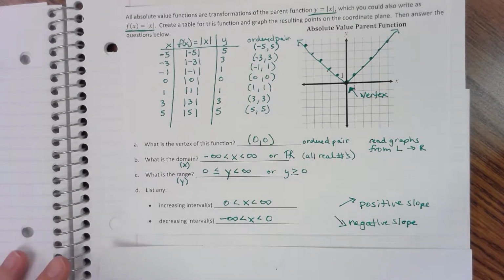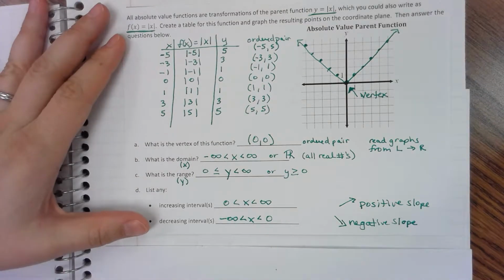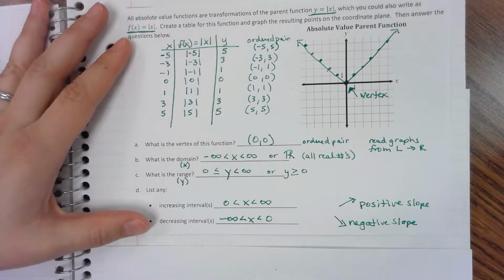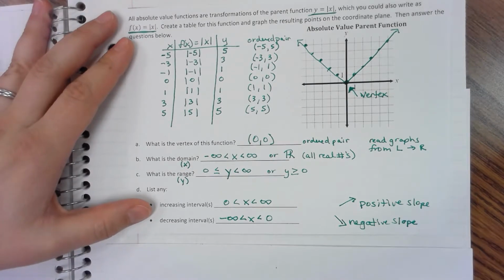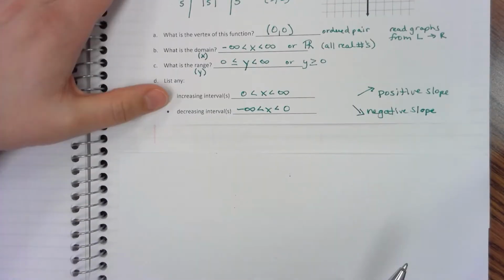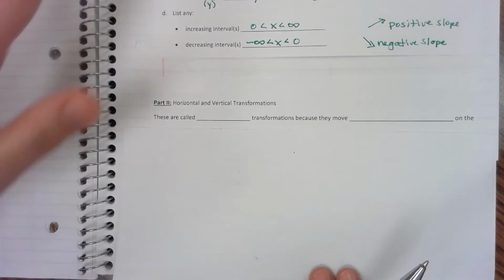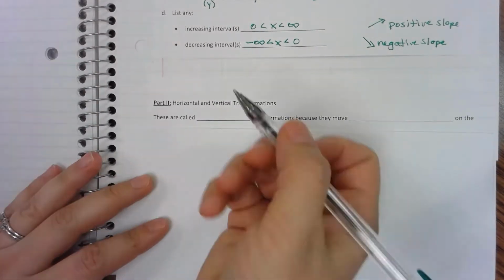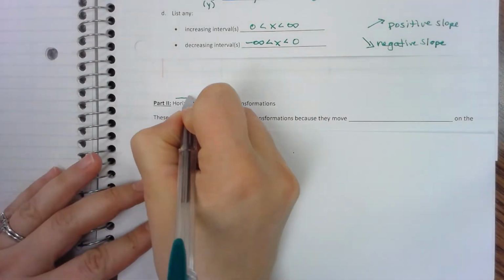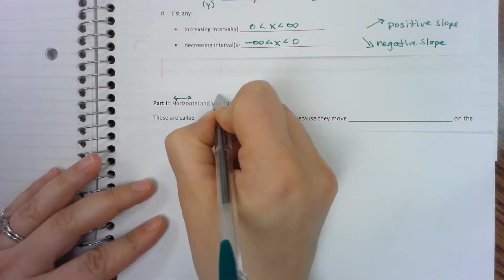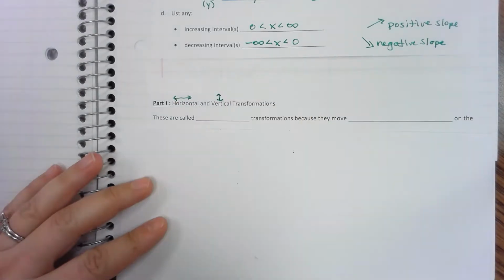So let's take a look at what happens when we start to change some things. Okay, this is the basic. This is what the parent function looks like. Now let's see what happens when we start to do some changing. Okay, so I'm going to introduce to you horizontal and vertical transformations. Now remember that horizontal means we're going right to left and vertical means we're going up and down.